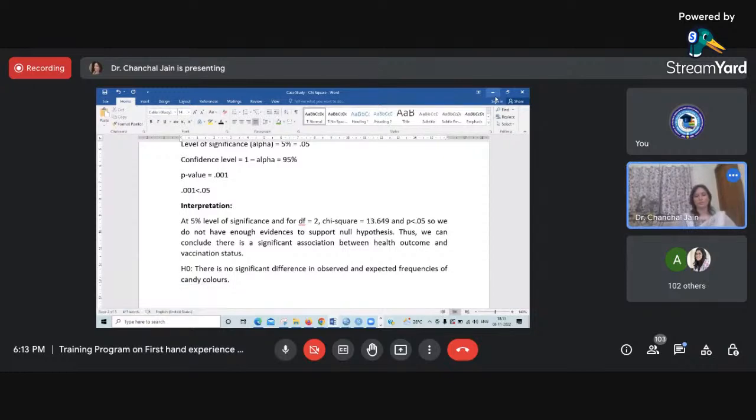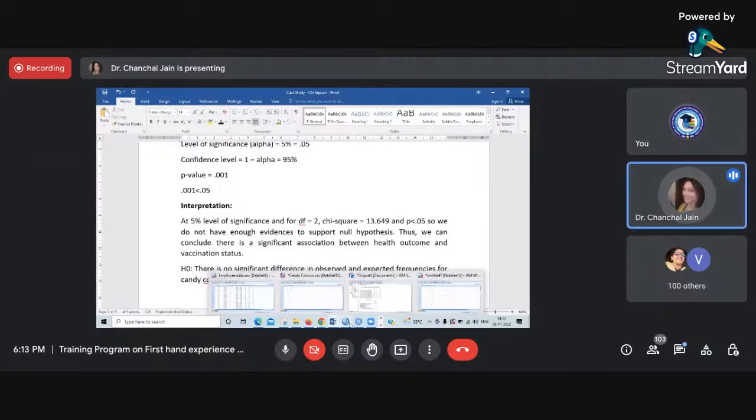Yes or no? Yes, ma'am. So this would be our hypothesis that there is no significant difference in observed and expected frequencies of candy colors. Alternatively, I can say there is a significant difference in observed frequencies and expected frequencies for candy colors. I think rather than of, we should write for. Done? Yes, ma'am. Thank you, ma'am.